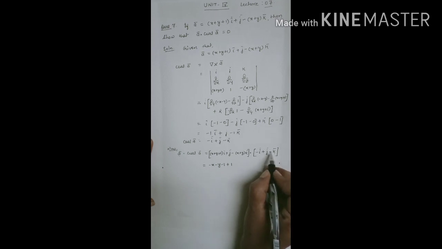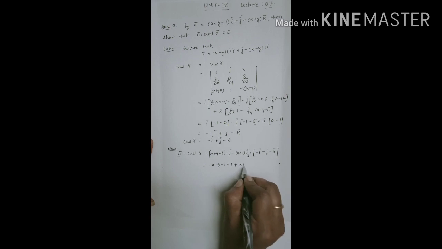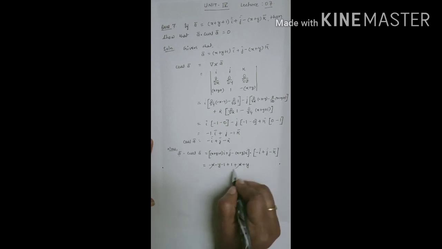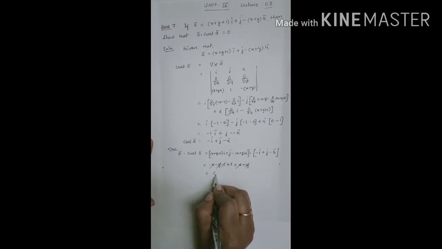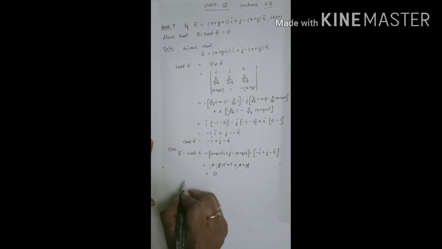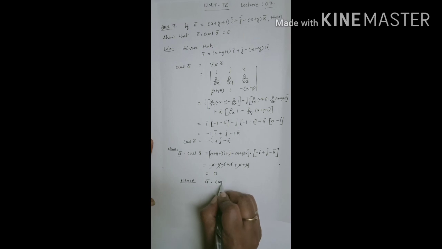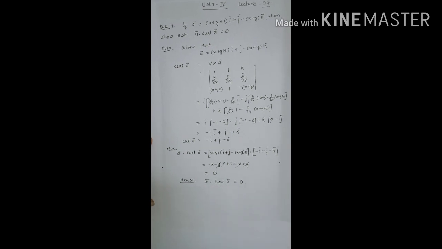For k you have minus into minus plus x plus y, k square is 1. So as you see, all the terms are getting cancelled and you end up having 0. So you have shown that the vector A dot curl of vector A is nothing but 0.